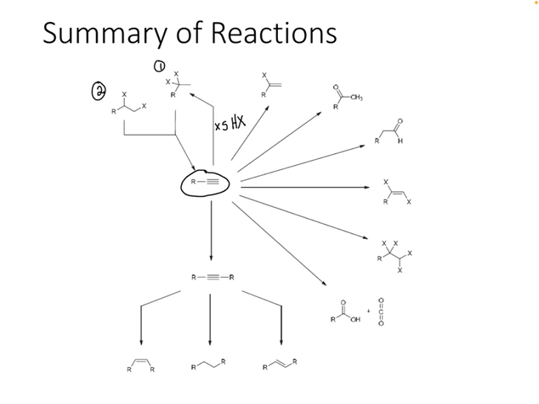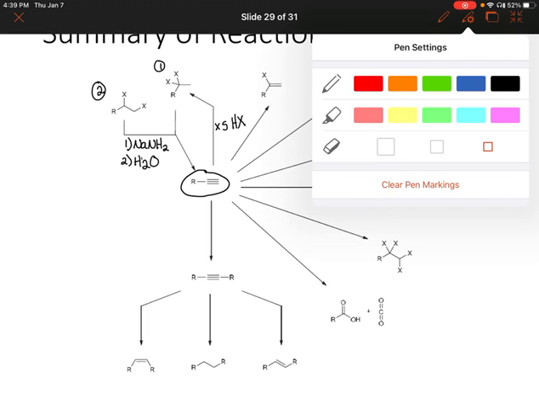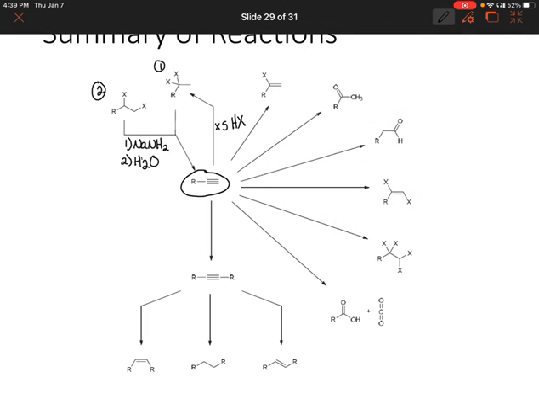So we just saw that we could use sodium amide to perform elimination, and then we just follow that up with a weak acid. Oh, my pen stopped working. There we go. All right. So water is an easy weak acid that we could use.